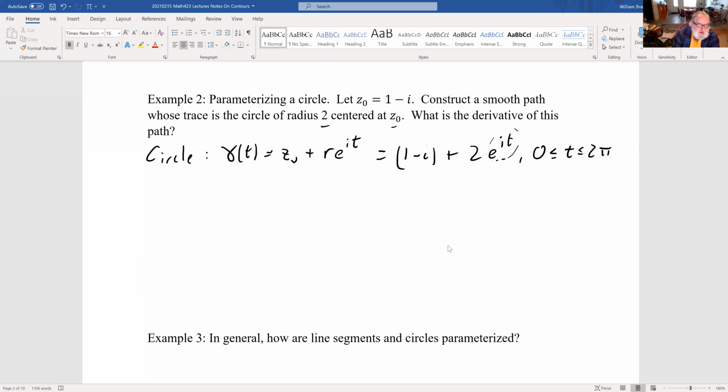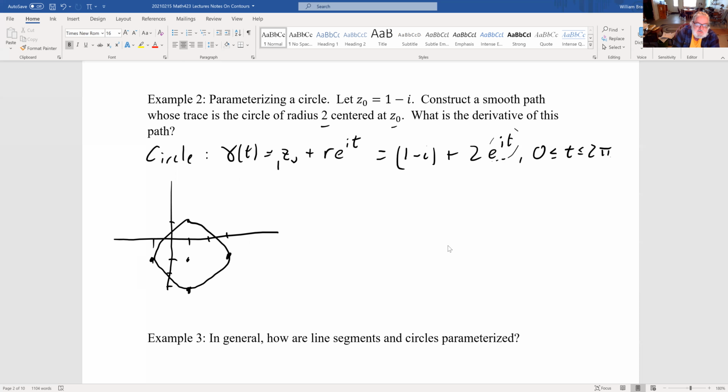What is our trace? So 1 minus i is here. A circle of radius 2 goes 1, 2, two points away from it in each direction. And then we can sort of draw a circle. Circles are hard to draw. They end up looking kind of squarish.